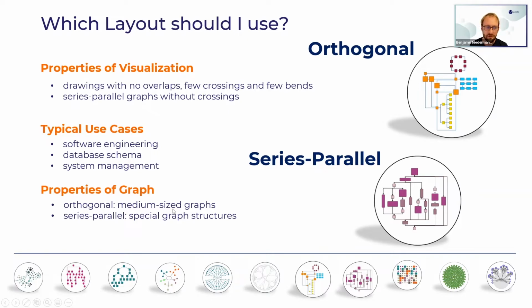But for small and medium-sized graphs, this layout works very well. And the series parallel graph is an orthogonal graph with a very special graph structure which allows some special kind of layout. Here, for example, it's again that you have a flow from top to bottom. So there's only one source node and one target node, or sink node.